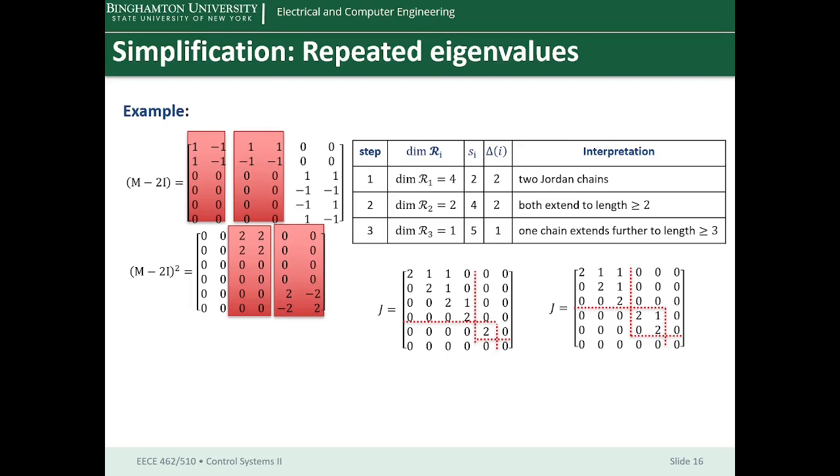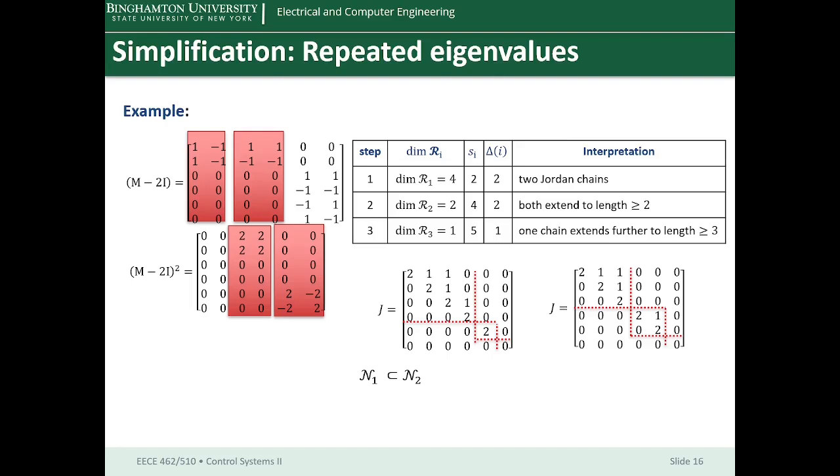Again, by the rank nullity theorem, the dimension of the null space is S2 equal to n minus 2, which is equal to 4. So the null space grows from 2 to 4, which means the increase delta 2 is 2, and that tells us 2 new generalized eigenvectors have appeared at this stage. Since N1, the first null space, is a subspace of N2, the second one, it means that both of the original eigenvectors belong to N2.